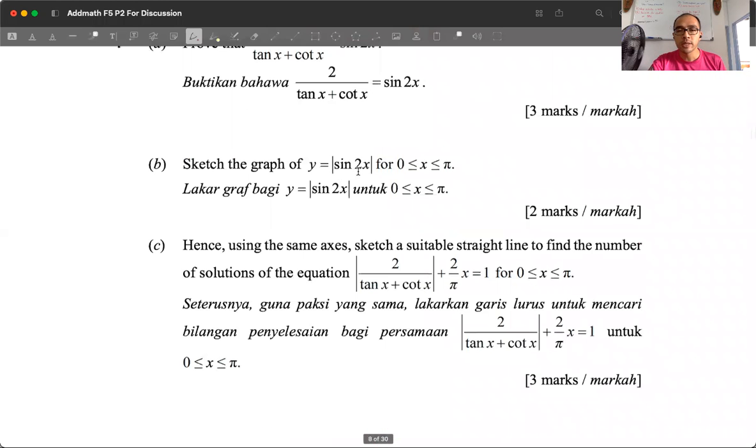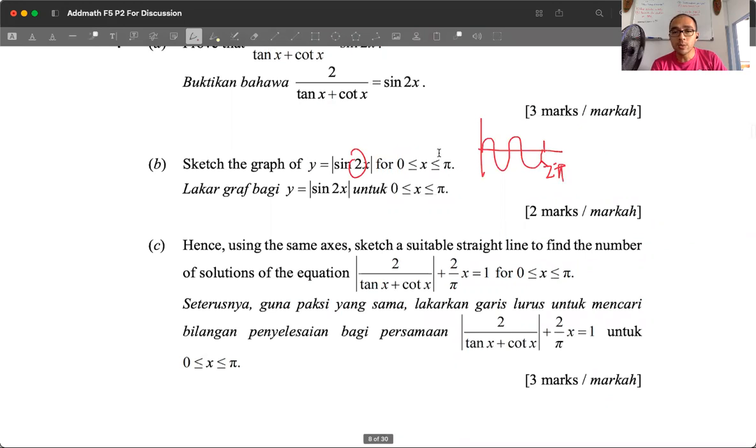Now let's consider y equals modulus of sine 2x for 0 to 2 pi. Sine 2x has 2 cycles from 0 to 2 pi, so 1, 2.